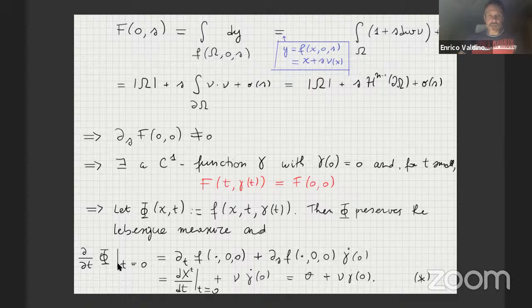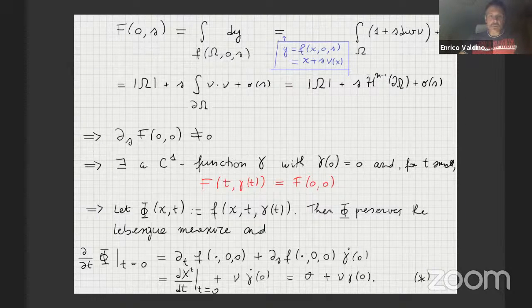Then by construction, you see that phi preserves the Lebesgue measure, because the Lebesgue measure of f of x, t, gamma of t is by construction this big F. And this big F is equal to F of 0, 0, which is exactly the Lebesgue measure of the set omega. So by construction now, this phi preserves the Lebesgue measure.